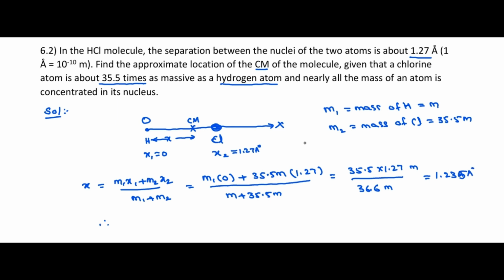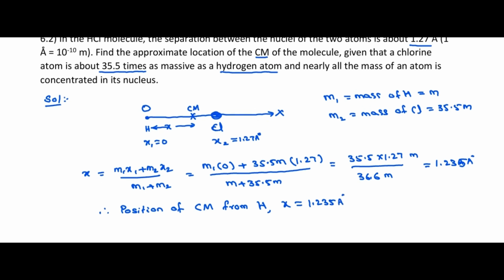That means the position of center of mass, you can denote with the CM or COM, no issue, from hydrogen is given, that is x is 1.235 angstrom.